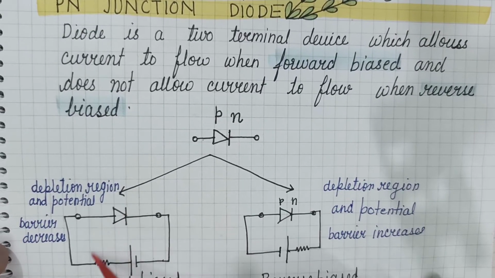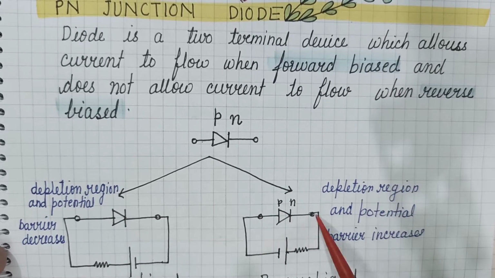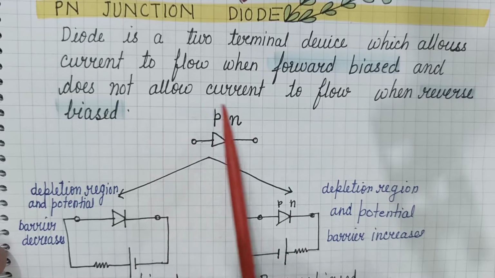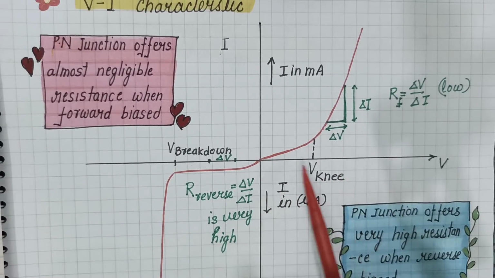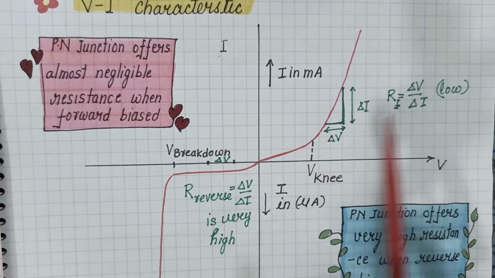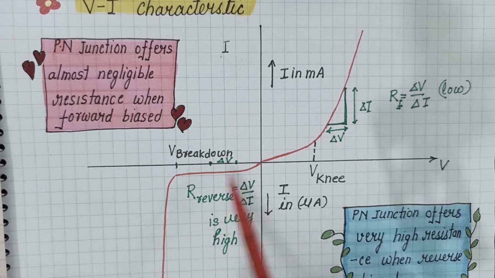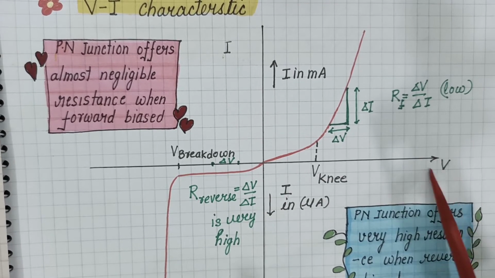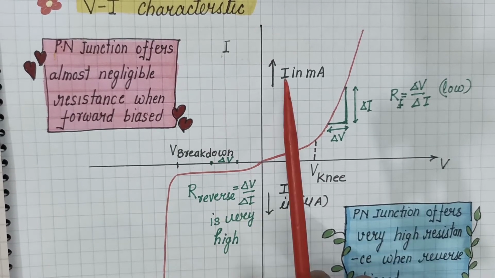So in forward biasing, the diode allows the current to flow, and in reverse biasing, the diode does not allow current to flow. This is the VI characteristic of a junction diode. This part is the forward biased characteristic, and this part represents the reverse biasing characteristic. On the x-axis, V, the potential difference applied, is plotted. On the y-axis, current is plotted in milliampere.